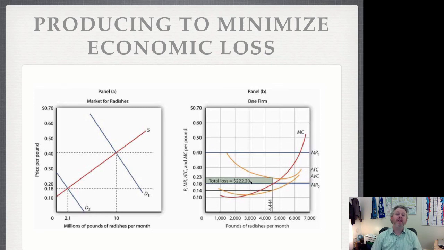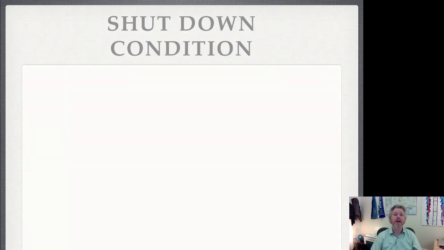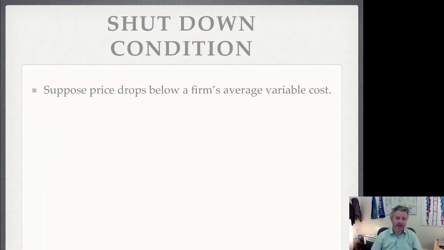So when would a firm want to shut down? When would the losses be so great that even any fixed costs they incur would not be worth it anymore? It would still be better just to shut down. And this is something known as the shutdown condition. So suppose that the price drops below a firm's average variable cost. All right.